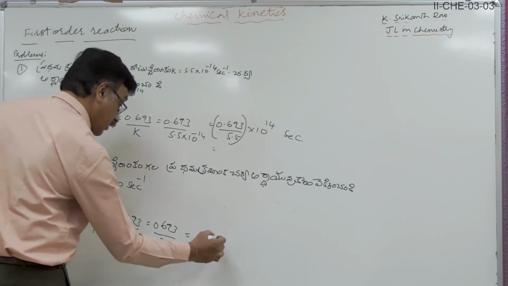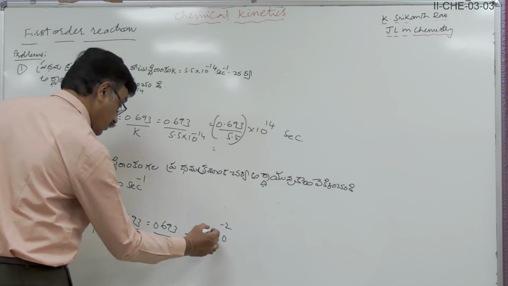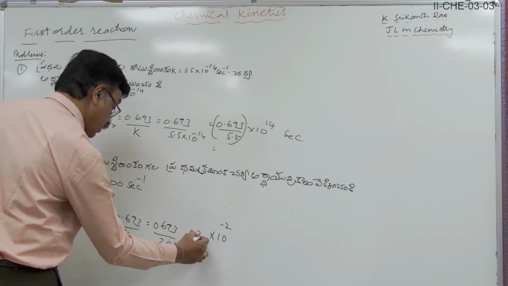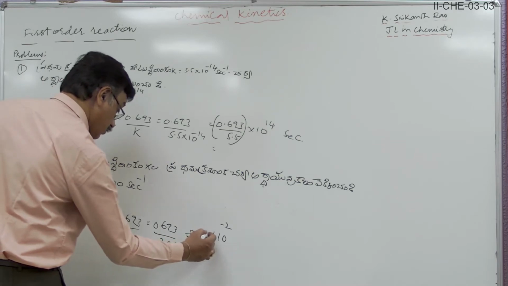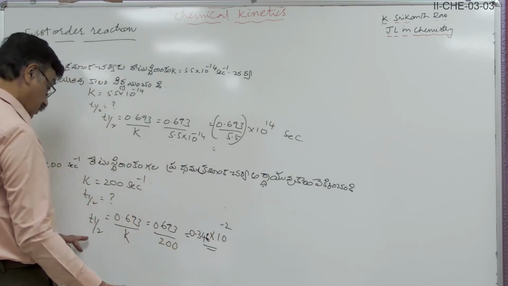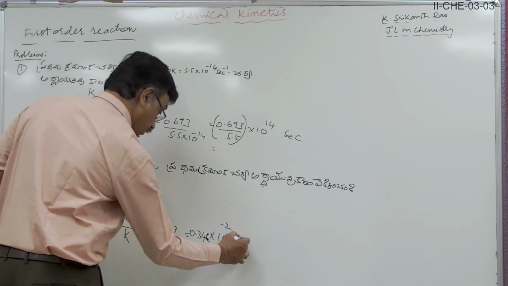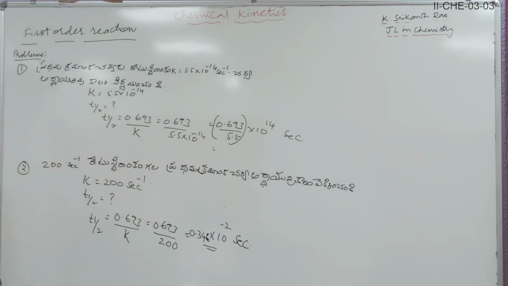These two zeros you can take to the numerator, 10⁻² into, we divide this 0.693 by 2. 2 3s are 6, 2 4s are 8, 2 4 6. Right? So this is T half given second inverse, so you'll get the value in seconds. Right? So this way the problems can be done.